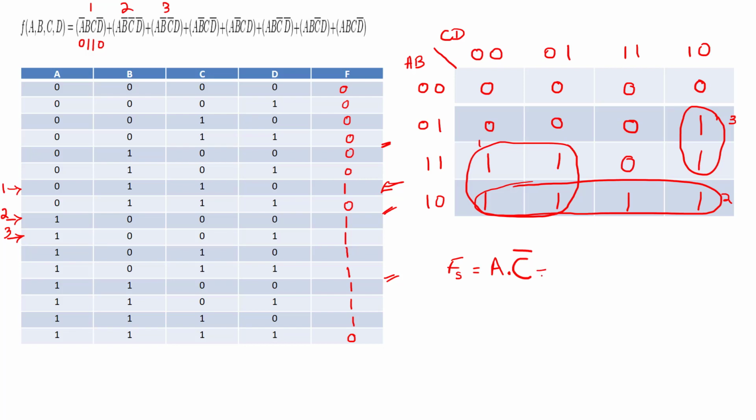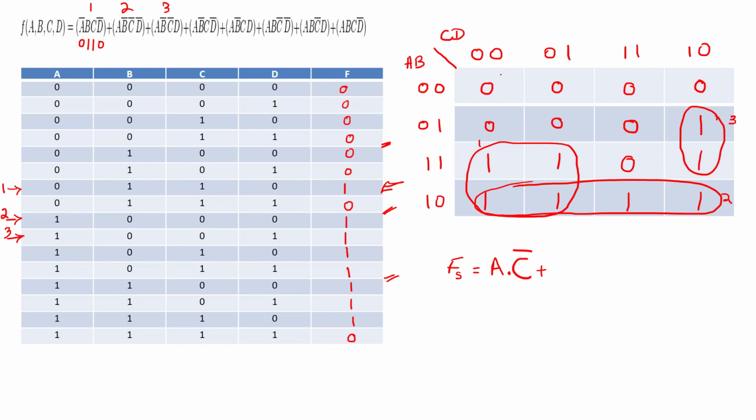Next, I will write my expression for group 2. And whenever I am writing a term, in between the terms, I will put in an OR symbol. So for group 2, since it spans all 4 columns, the values for C and D continuously change.